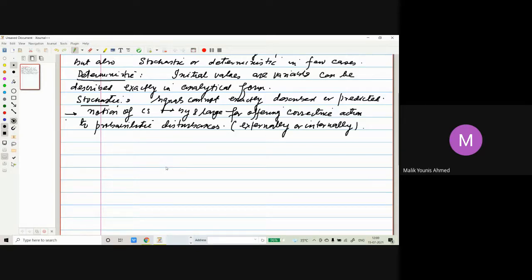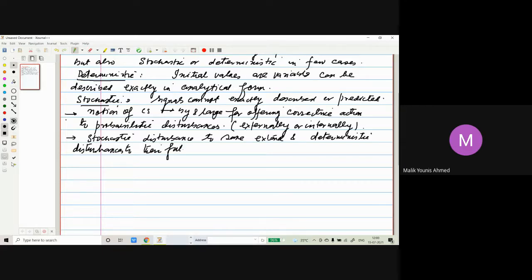Then stochastic disturbances, to some extent. That means offering corrective action to some extent. And deterministic disturbances to their full extent.